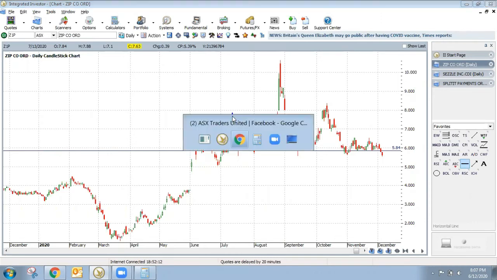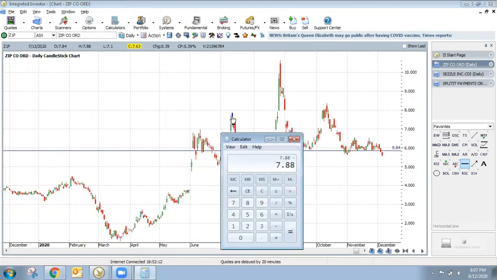So $7.88, taking that from $5.84 is about $2.04. So take that away from $5.84 is about $3.80. $3.50 was the target that Tom had actually put through.